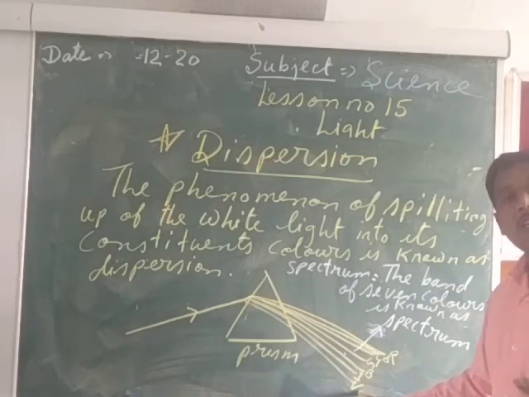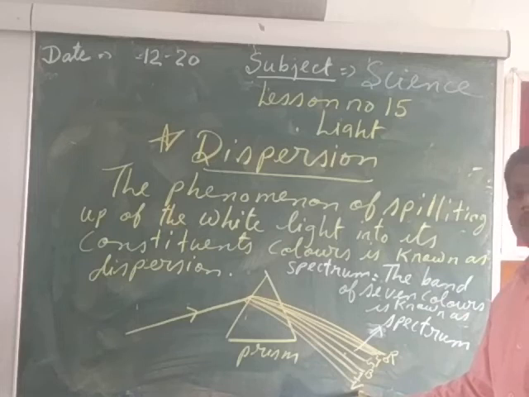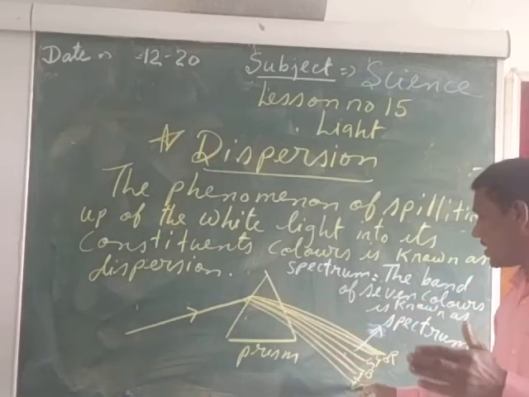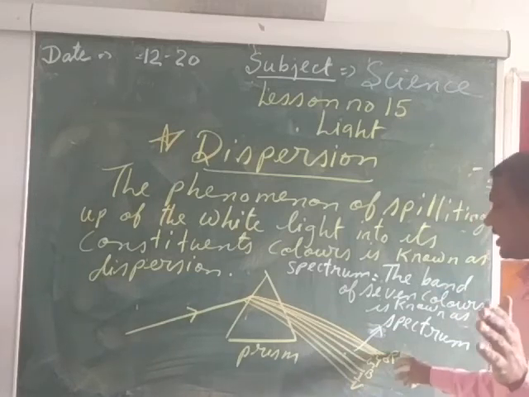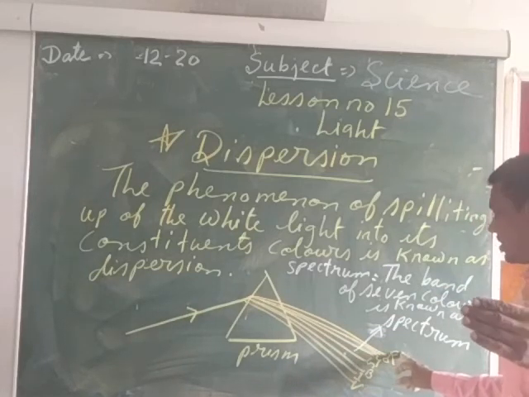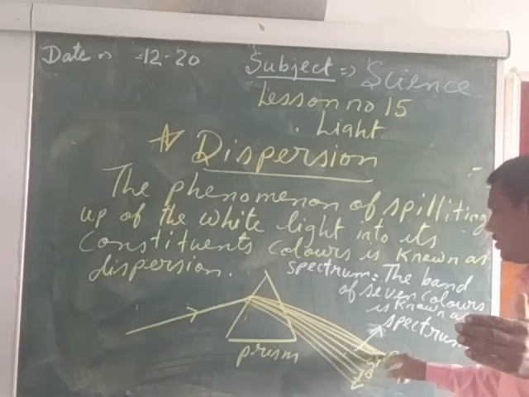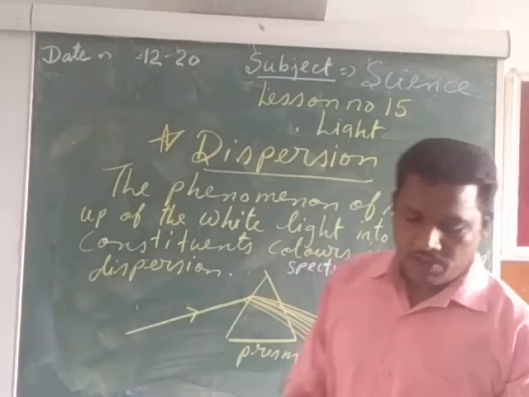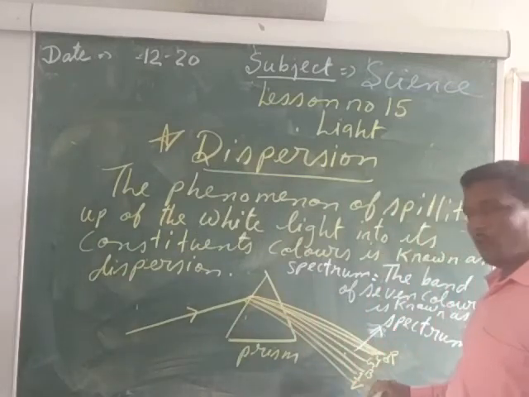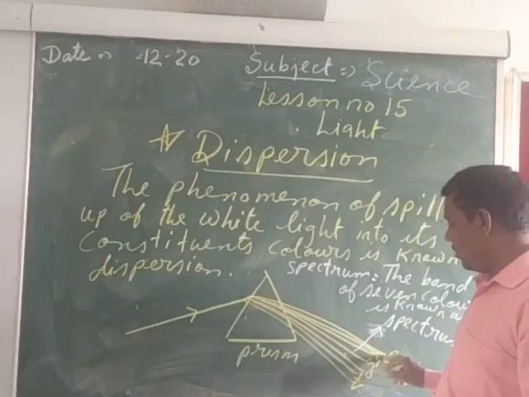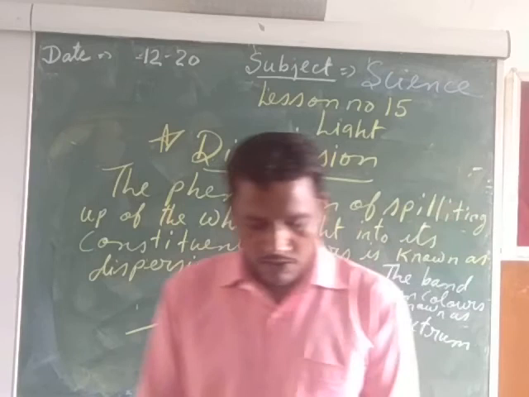But the violet color is bending so much, so it is going down, and the red color is bending very little, so it is on the upper side. So VIBGYOR means violet, indigo, blue, green, yellow, orange, red. I hope that you might have got it, my child.